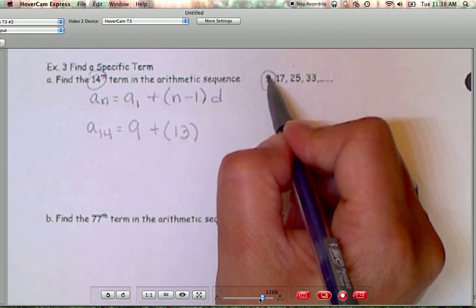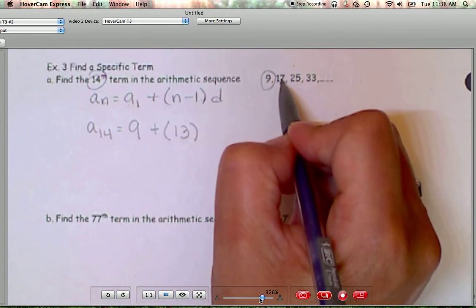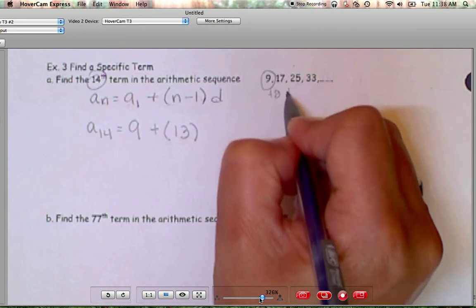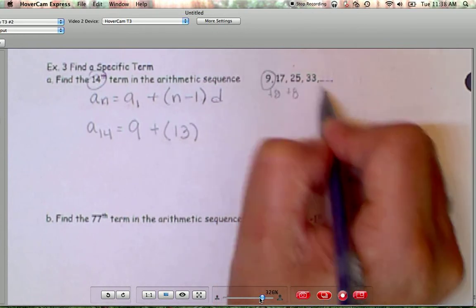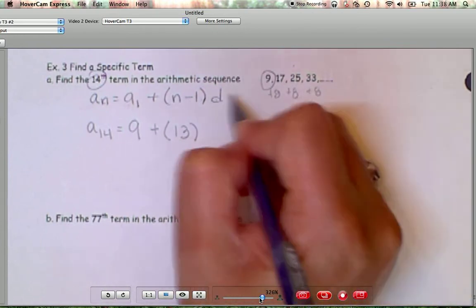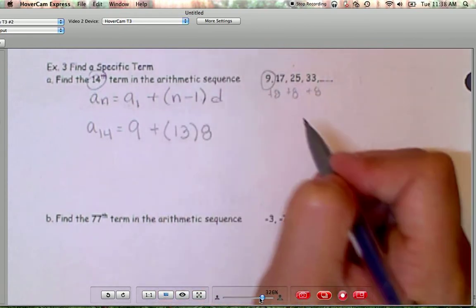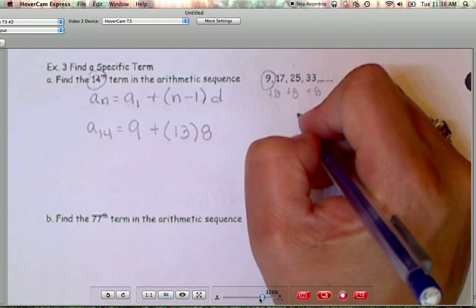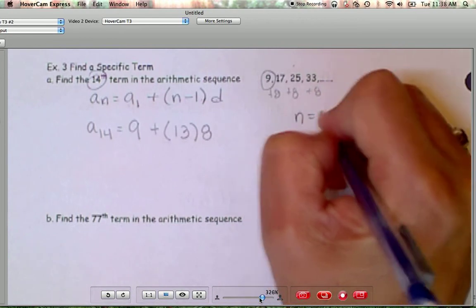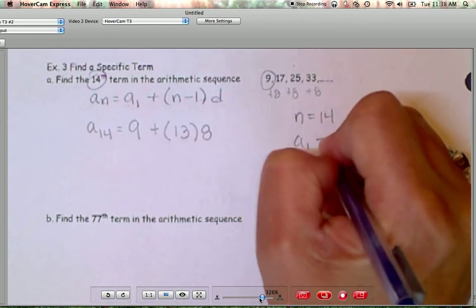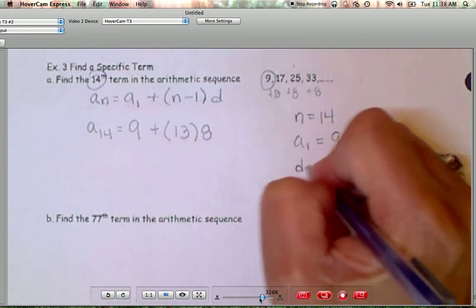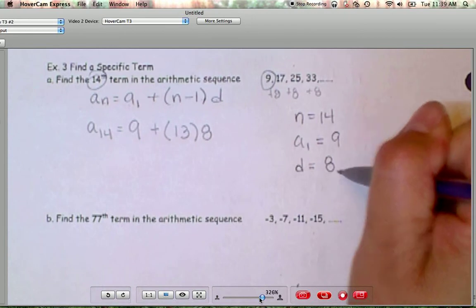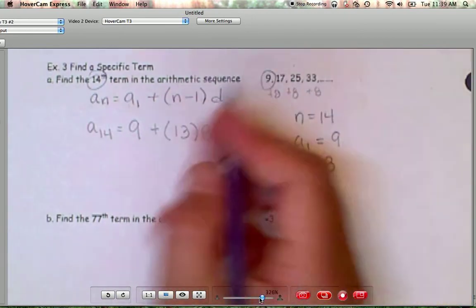So what are we doing to 9 to get to 17? We are adding 8. 17 to 25, add 8. 25 to 33, add 8. So the common difference is a positive 8. Now some people like to write out before they do anything that we know n is going to be 14, a sub 1 is 9, and the common difference is 8. If you want to write those things out first and then plug it all into your formula, you can do that too.